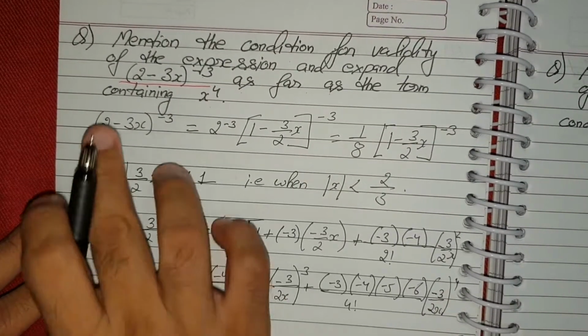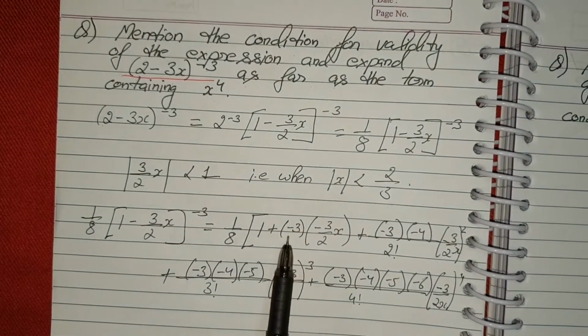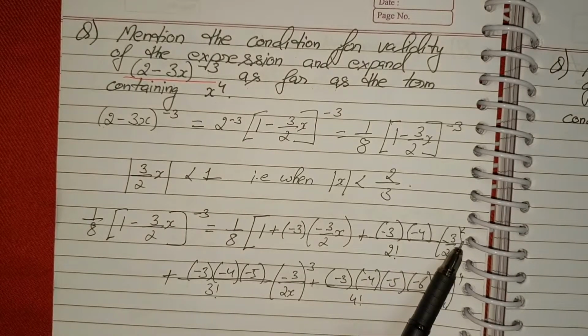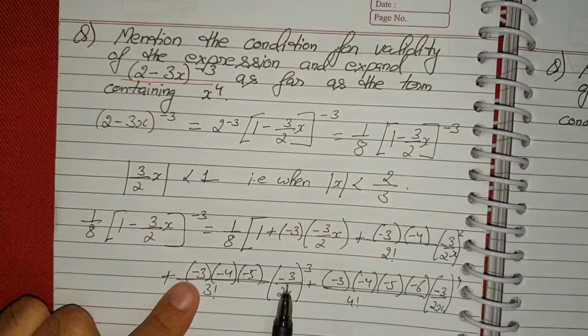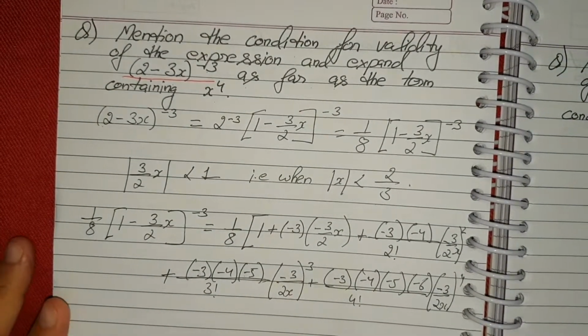Now, in the question we have to go till the term containing x to the power 4. Now if you solve this, minus minus will become plus, again minus minus will become plus, this is square, this is plus, minus minus minus is minus, this is cube. So minus will make it positive and this will again be positive. So basically you have to multiply these terms.